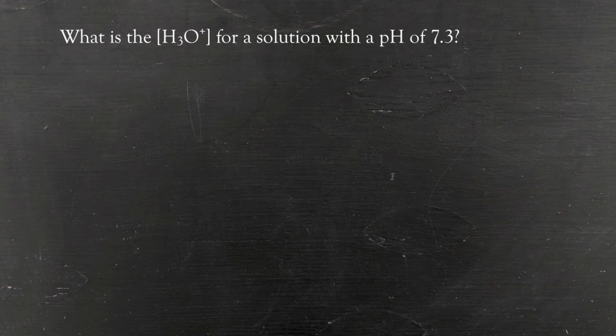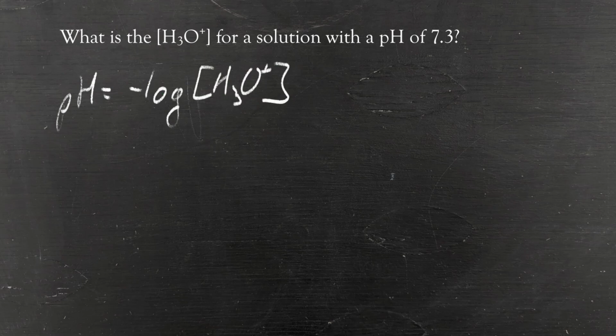We could also be asked to do the reverse type of calculation. For example, what is the hydronium concentration for a solution with a pH of 7.3? Let's remind ourselves what pH stood for. pH was negative log of the hydronium concentration.